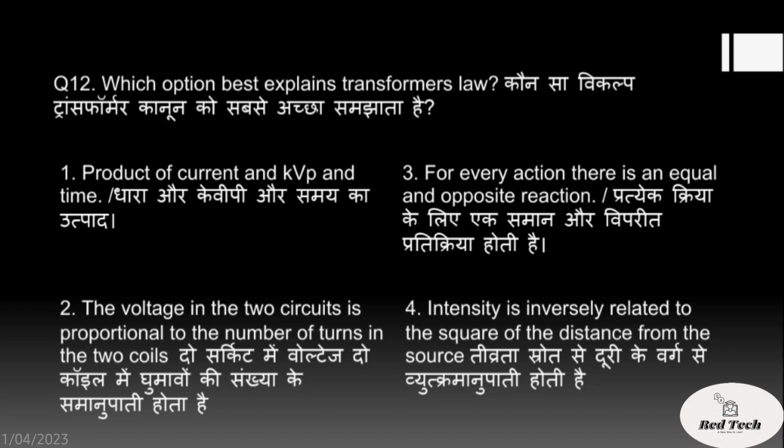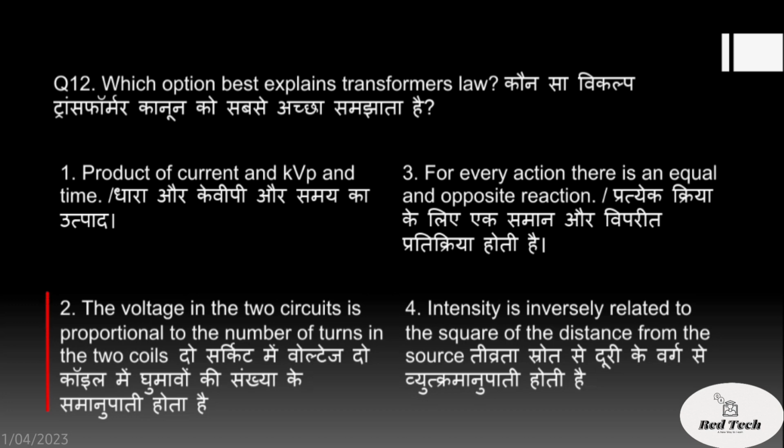As we go through the options, option 1 is about current, basically V is equal to I into R. The third option is Newton's third law, and the fourth option resembles the inverse square law. As we go to the second option, the voltage in the two circuits is proportional to the number of turns in the two coils.